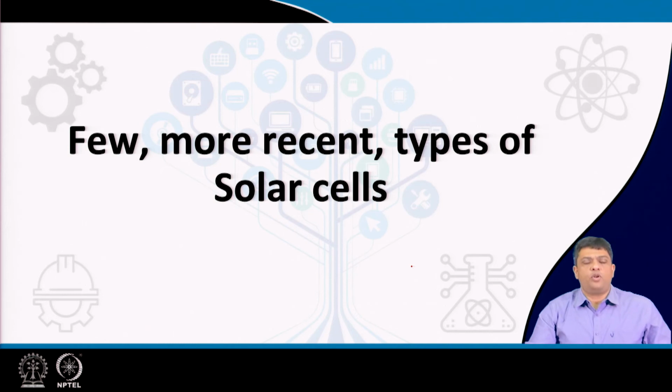Let us see a few more recent types of solar cells which are being mentioned just to show that although you have new generation of solar cells, the characterization and the mathematical formulations which are used to explain the operation of these solar cells remain the same.